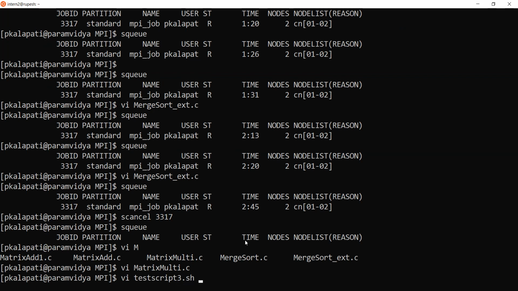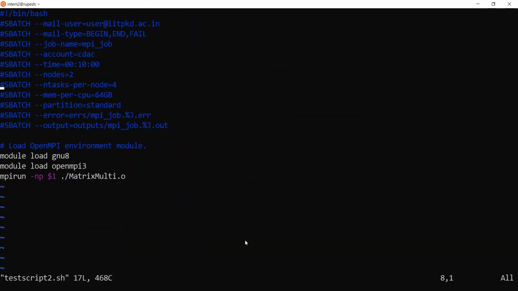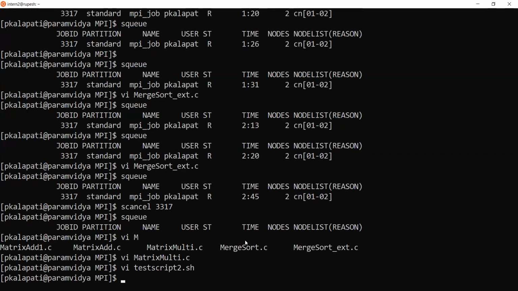Let us see script 3. Yeah, this is the matrix multiplication logic. We are going to multiply this with sbatch test script 2.sh.